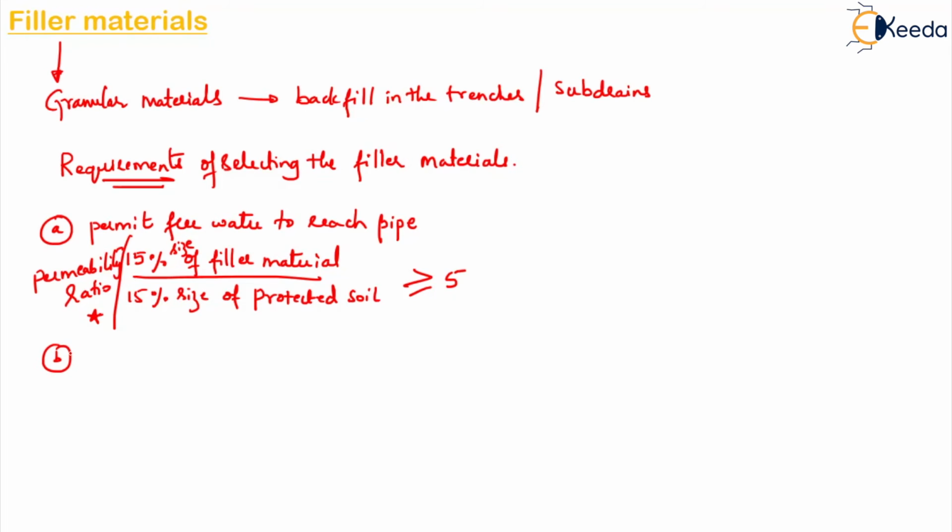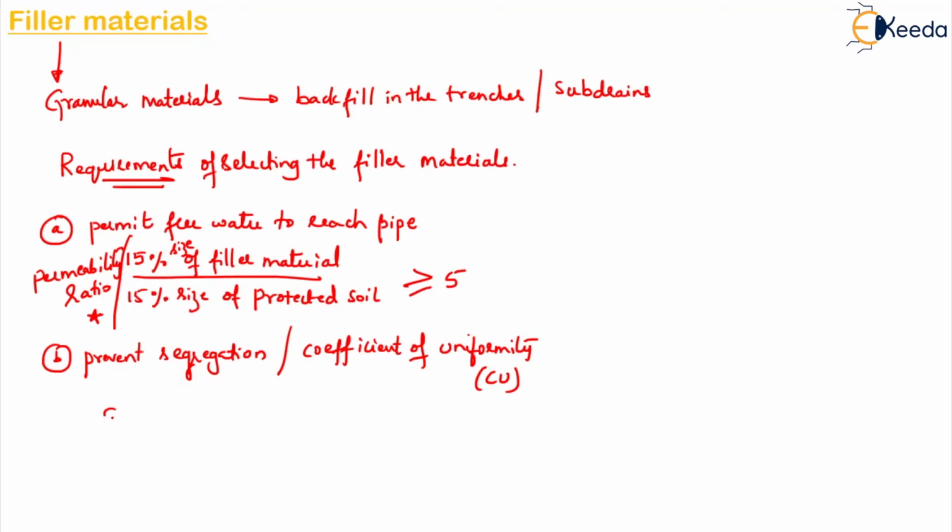The second one is to prevent segregation. To prevent the segregation of the filler material, we have to determine the coefficient of uniformity, Cu.